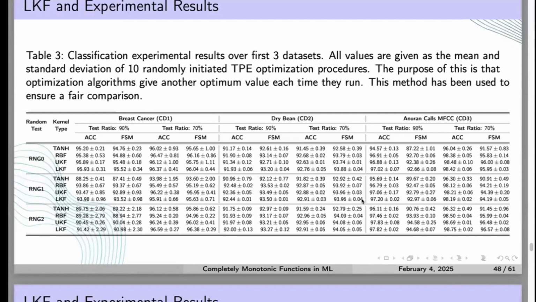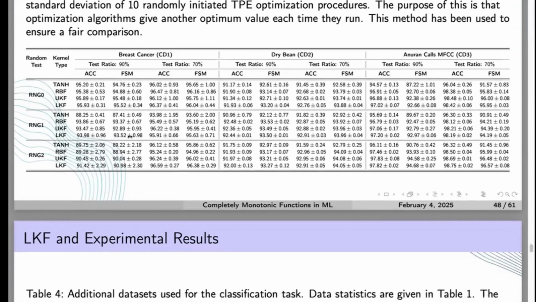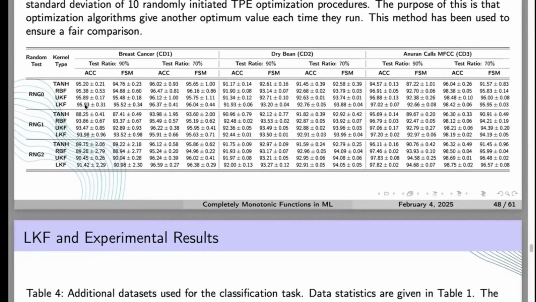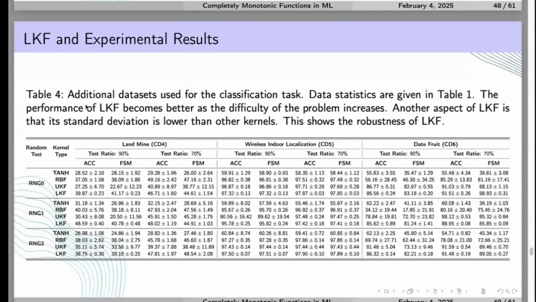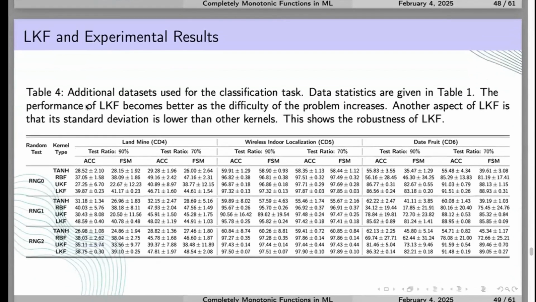Overall, LKF shows good performance, also compared with the UKF, which is a good new kernel in the recent literature. Table 4 shows the other classification datasets. Here LKF is better.